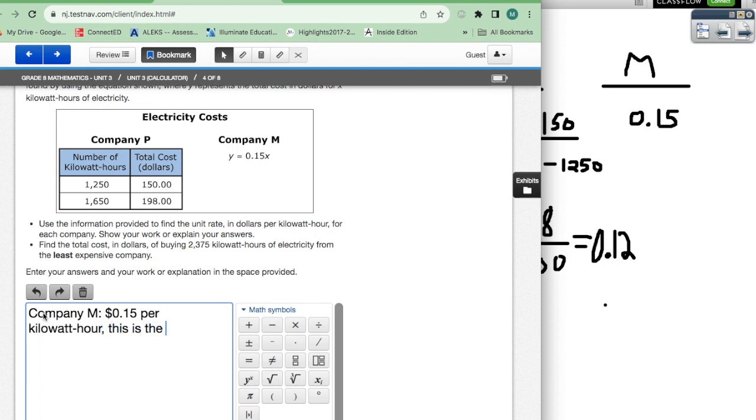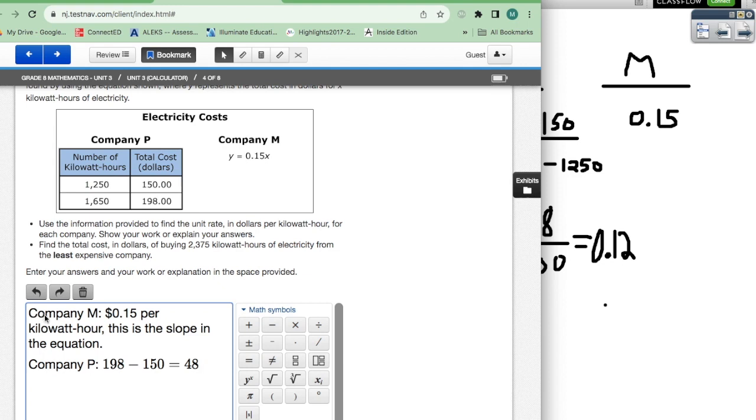This is the slope in the equation. So there's our explanation. For company P, we're going to show our work. So we did 198 minus 150, and that was 48.